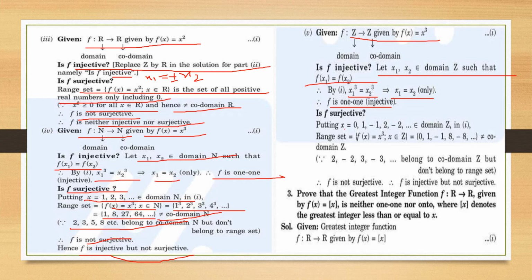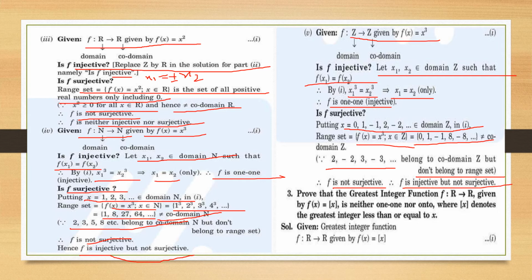For surjectiveness, let's take some integers, some positive, negative, and zero. While taking the cubes, I'll get elements like this. Again some are missing: 2, -2, 3, -3. So the complete range is not there. This range is not equal to the codomain set, so it is not surjective. So it is injective, but not surjective.